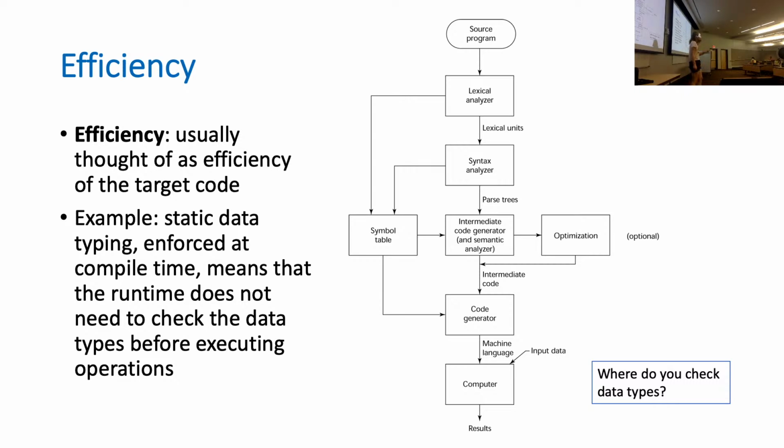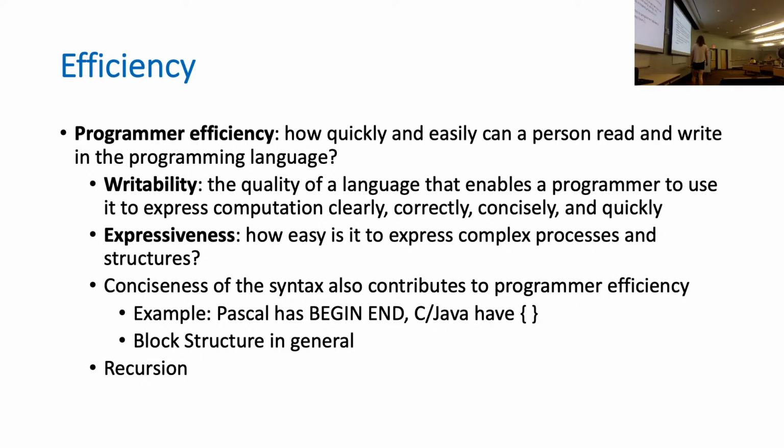So that's computational efficiency: how fast does it go? And that's not the only efficiency that we have. There's computational, but there's also programmer efficiency, which we can define as how quickly and easily a person can read and write in the programming language.